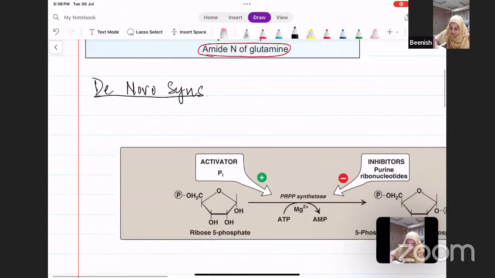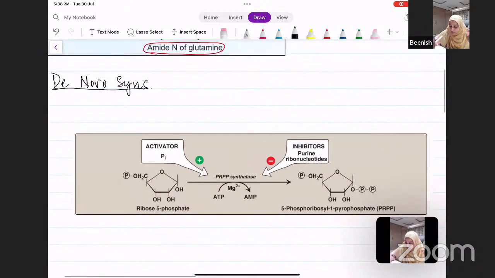This is the first reaction of purine de novo synthesis. You're starting with ribose 5-phosphate, as you can see here. What is ribose? Ribose is a sugar, and it has a phosphate, so you already have sugar and phosphate. On this sugar and phosphate, different components of the purine ring are going to be added.